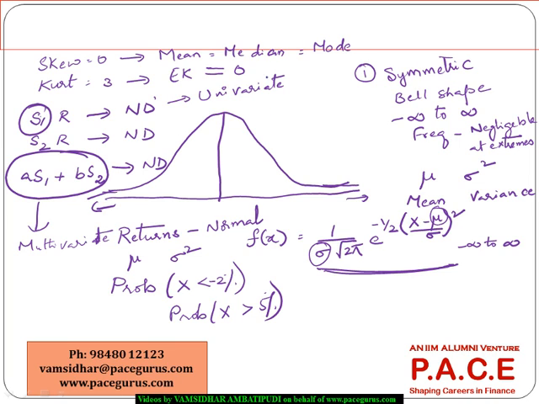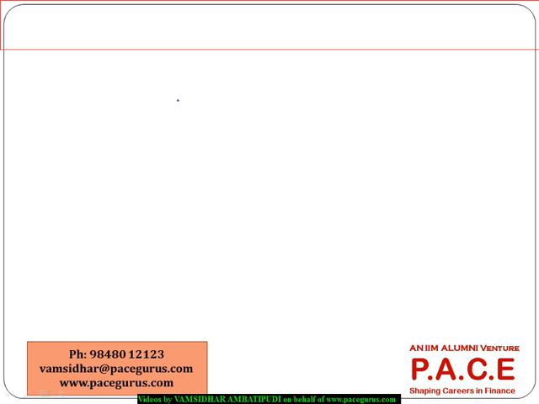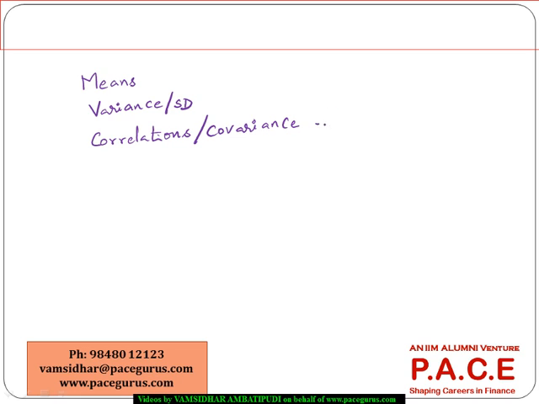So whenever I am getting into a multivariate normal distribution, I need to have the means of each of the variables. I need to have the variance or the standard deviations of each of the variables, and along with that I need to have the correlations or covariances that typically exist between each of the pairs of the normally distributed random variables.